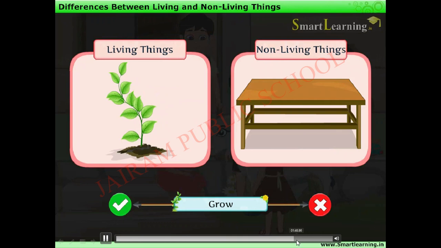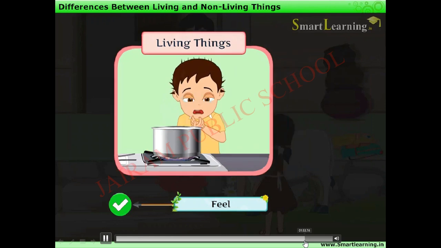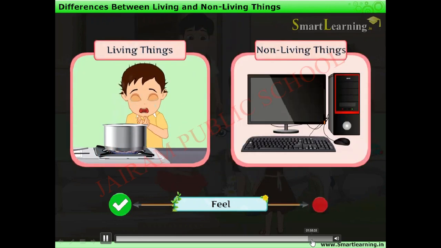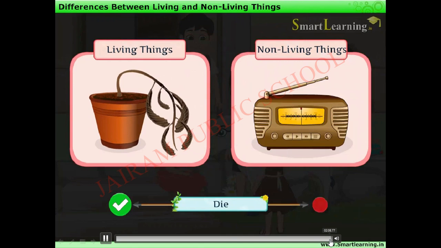Living things can move, things cannot. Living things, while non-living things cannot feel anything. Living things reproduce, while non-living things do not reproduce. Lastly, living things die. Living things cannot die.